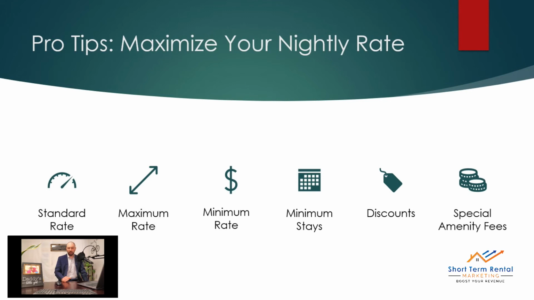All right. Finally, when it comes to your pricing, I want you to think about special amenity fees, and really you could call it special category fees. Number one thing that people usually charge for is pets, right? If you're going to have a pet on property, we're going to charge you for it because there's going to be hair everywhere, potential damage, stains possibly in the carpet.